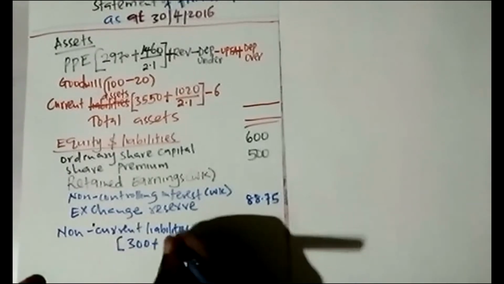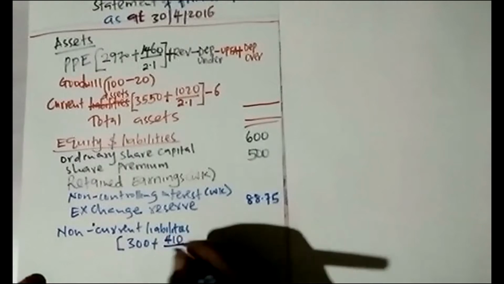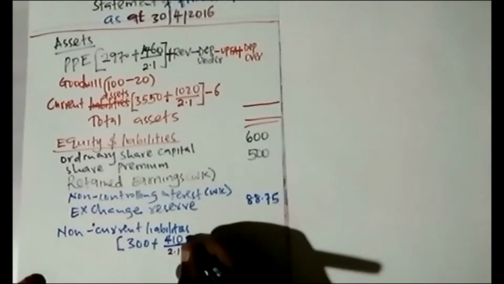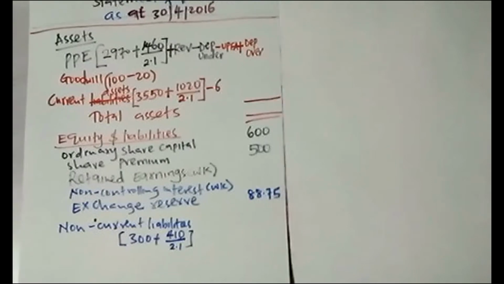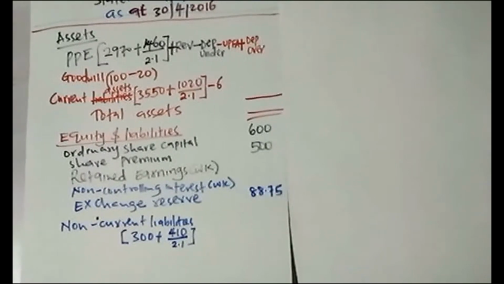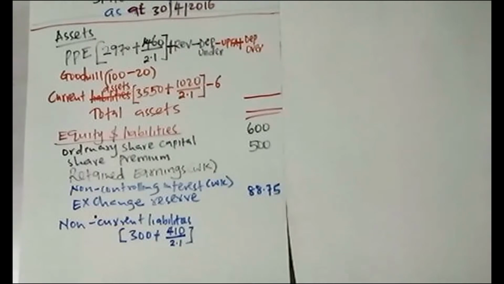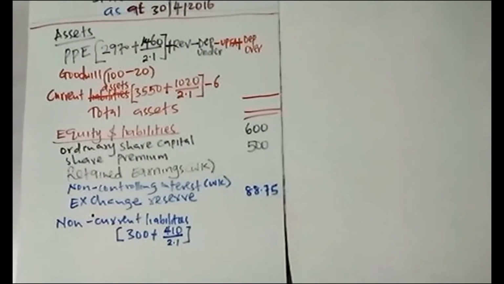I could say, if we could have done direct, I could have divided by 2.1, because for assets and liabilities, you convert the items of the foreign subsidiary using the closing rate, and the closing rate was 2.1. That is the rate when they were preparing the relevant statements. So that is the closing rate. After that, we talk about current liabilities.